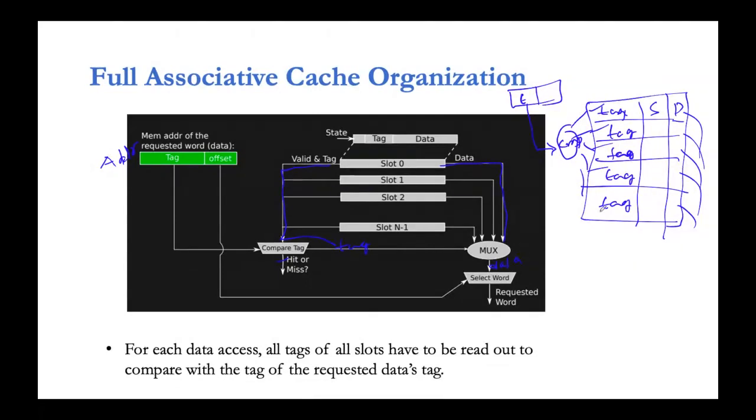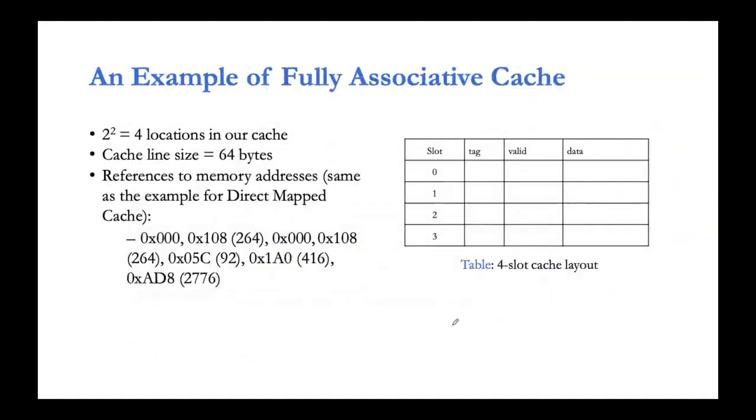Once the data is selected from that tag, the offset is used to select which part of the data, which word, is requested by the CPU. That word will be selected and given to the CPU for computation. So this is fully associative. With this, the number of misses will be reduced.